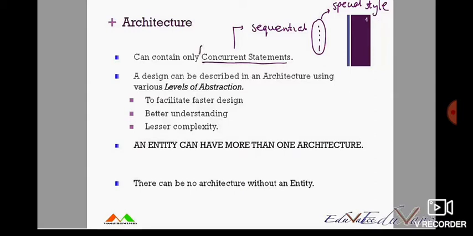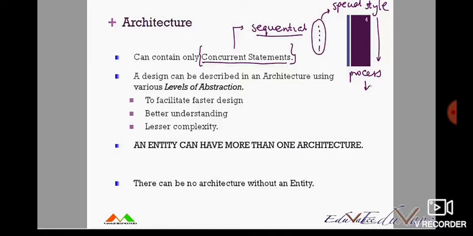But fundamentally, your architecture can contain only concurrent statements. The sequential statements will be written in a special style so that then they can execute as one process. And again, as I said, that will be a few lectures down the line.